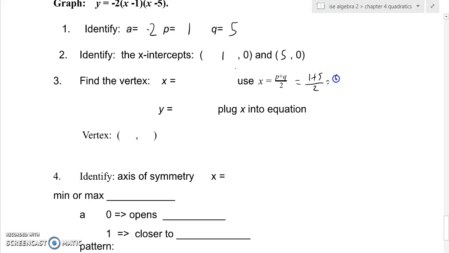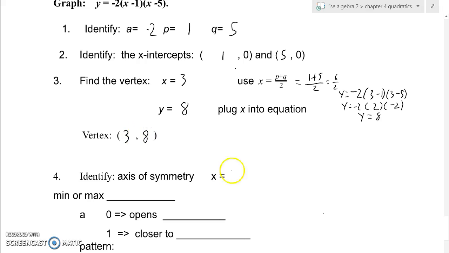So 6 over 2 is 3. Plugging that 3 in, we have negative 2 times (3 minus 1) times (3 minus 5). So our y equals negative 2 times 2 times negative 2. Our y is 8. So our vertex is the point (3, 8).